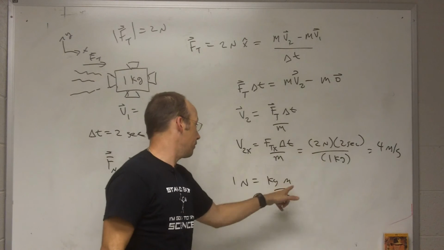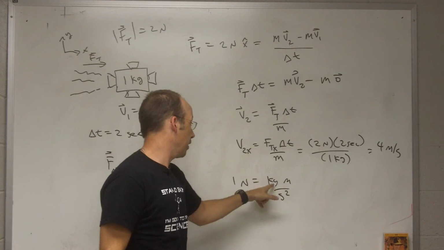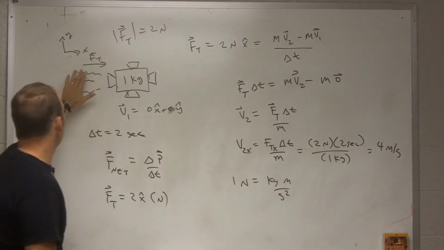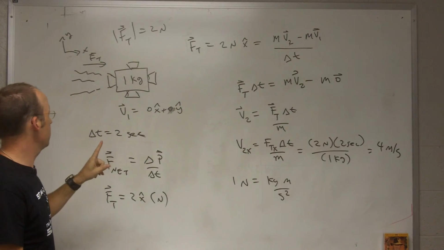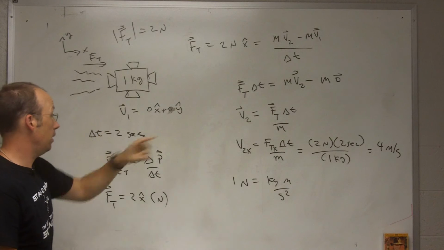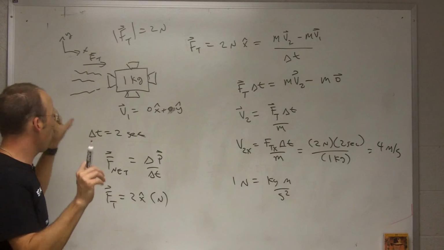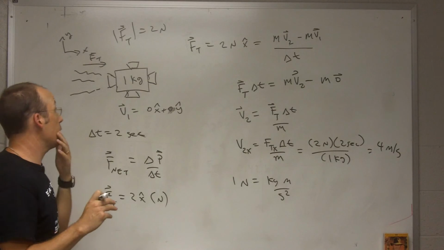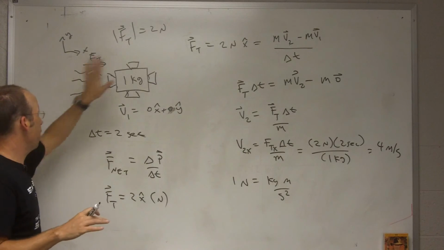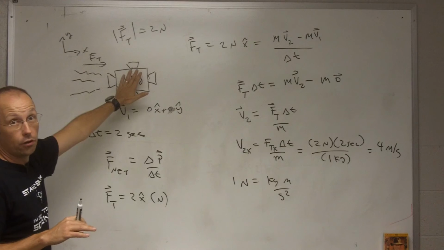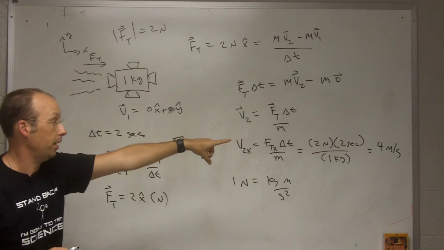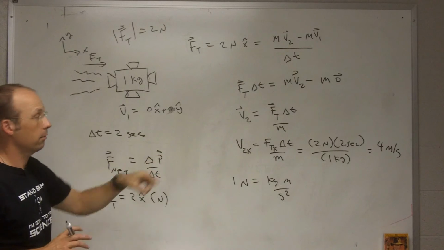Multiply by seconds, I get kilogram meters per second, divide by kilograms, I get meters per second. So after I fire this thruster for 2 seconds, the rocket robot is moving 4 meters per second. The problem would be exactly the same if it was already moving at 2 meters per second. I would have found the change in velocity is 4 meters per second, so it would actually be moving 6 meters per second.